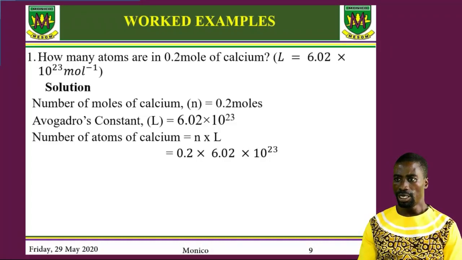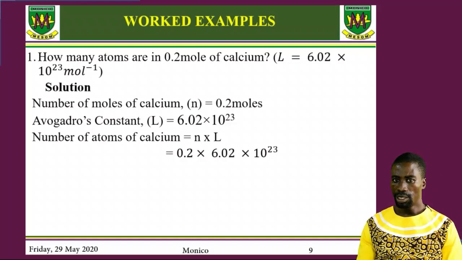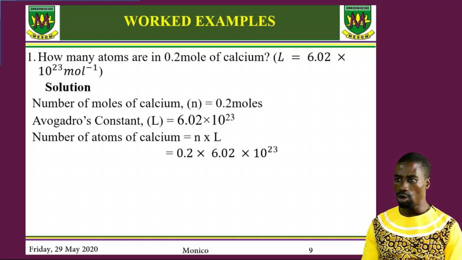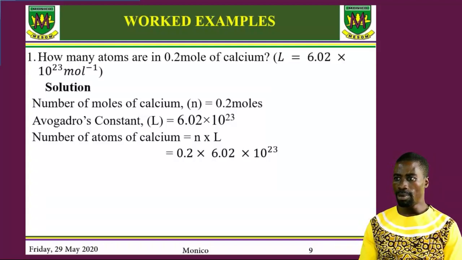Please, when you are doing substitution, make sure you do a correct substitution. There is something we call correct substitution. Even though multiplication is commutative, so even if you turn it, the answer will be correct, but the substitution is wrong. So in an examination, when marking is done, we mark for substitution. So make sure if you say n times L, your substitution will follow suit.